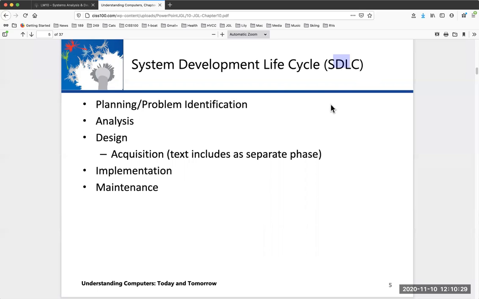Now, in most textbooks, you'll see 5 phases to the SDLC: planning, analysis, design, implementation, maintenance. This textbook creates a separate one for acquisition of hardware, things of this nature. In other textbooks, you'll see the acquisition actually in the implementation, which makes sense, actually. If you're going to implement a system, you need to acquire the hardware, and you may not be doing it all at the same time, okay?